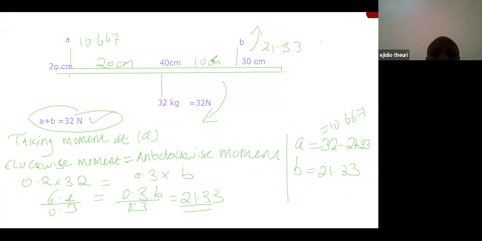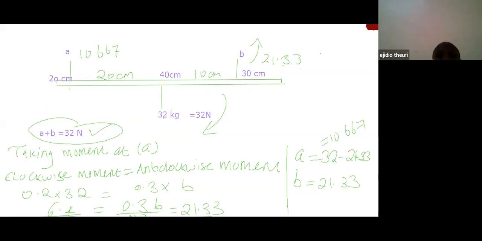If this was 80 centimeters, the geometrical center is at 40, and that is where the weight falls. If the meter rule or whichever bar you're given is uniform, automatically the force goes to the geometrical center.